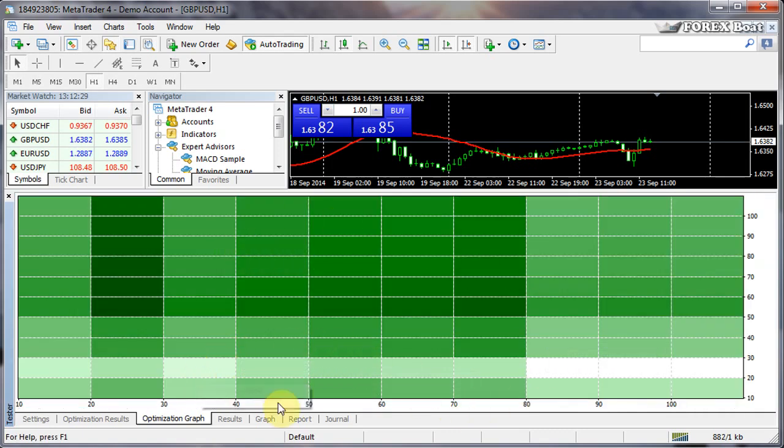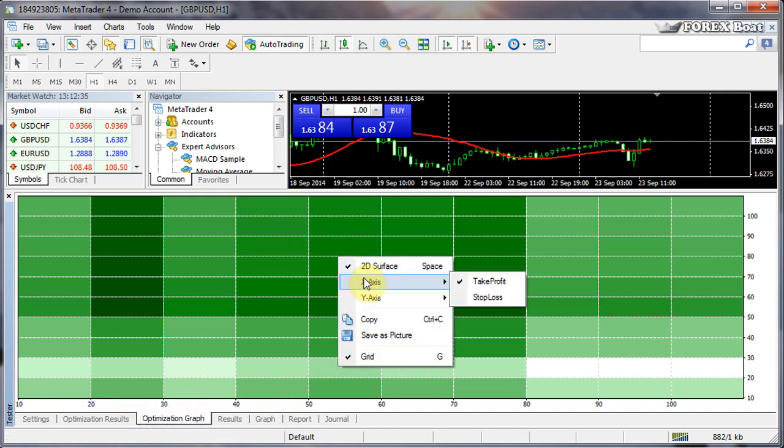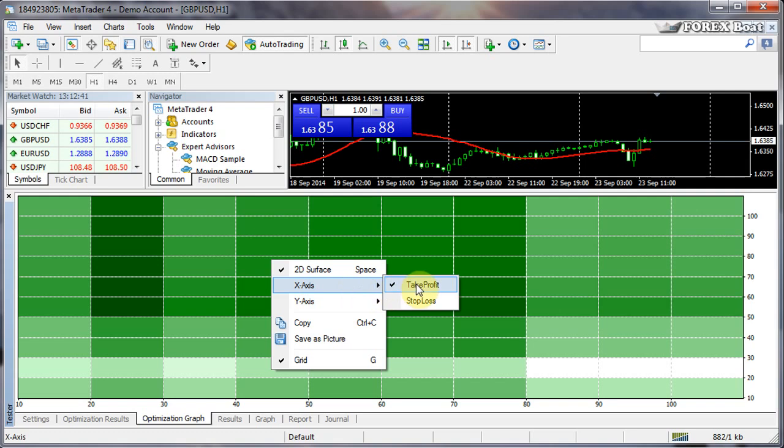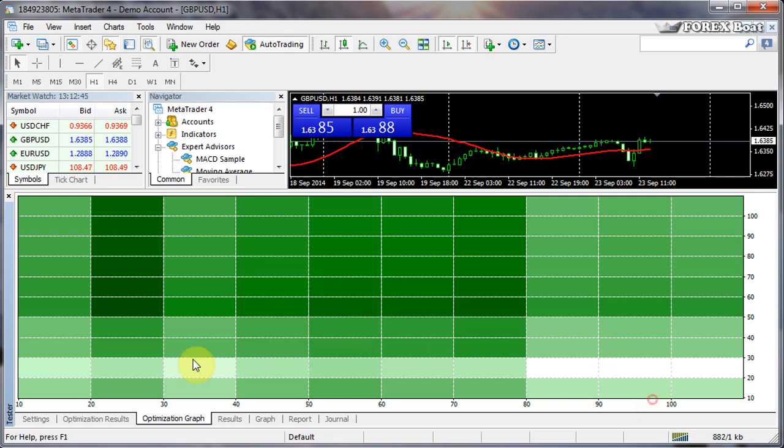What this does is it chooses two parameters from your optimization, in this case take profit and stop loss, and places them on the two axes. Right now on the x-axis you have take profit, and on the y-axis you have stop loss.